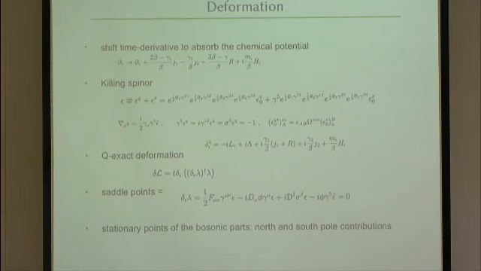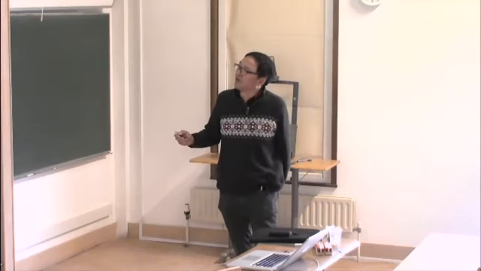Then one introduces Killing spinors corresponding to the supercharge we thought about. This Killing spinor is made of Q and these conformal transformation factors, and the scale of the supersymmetric transformation is exactly what we hoped for. By shifting these time derivatives, we get all the chemical potentials we want.